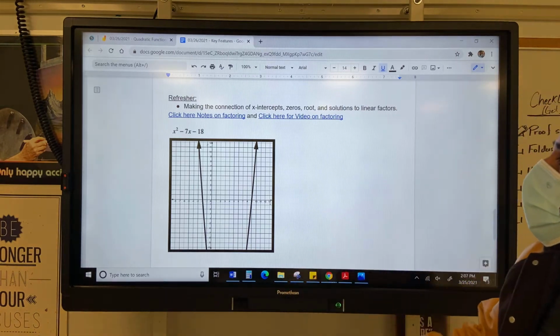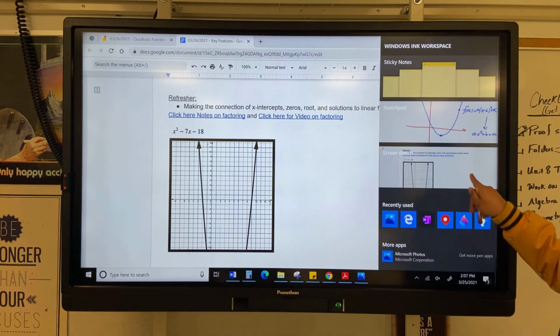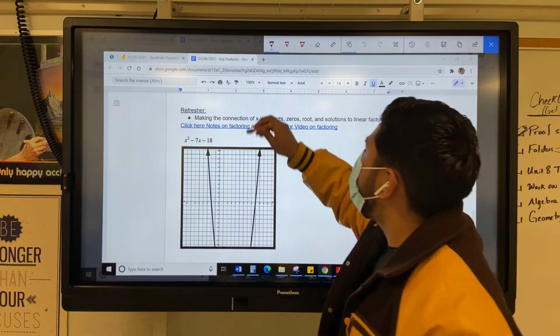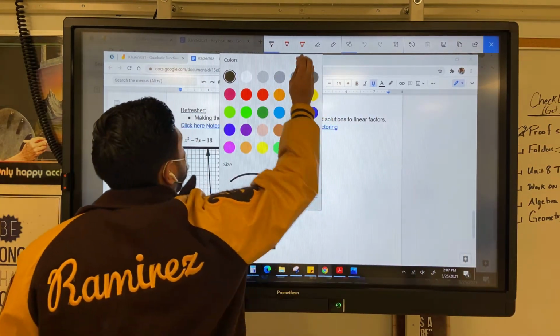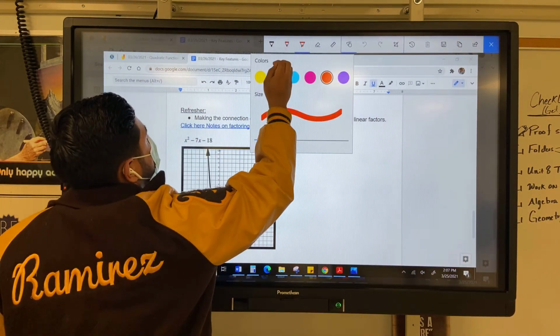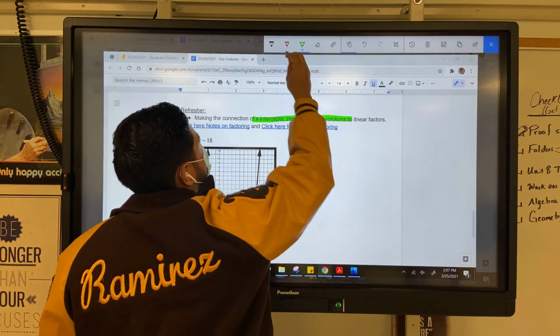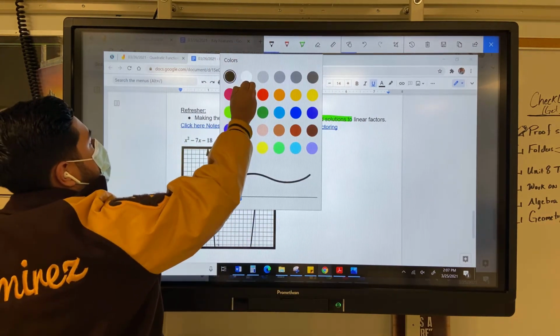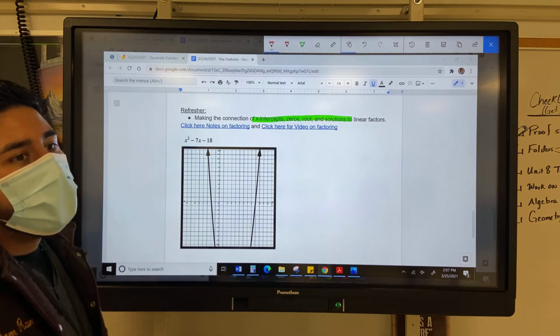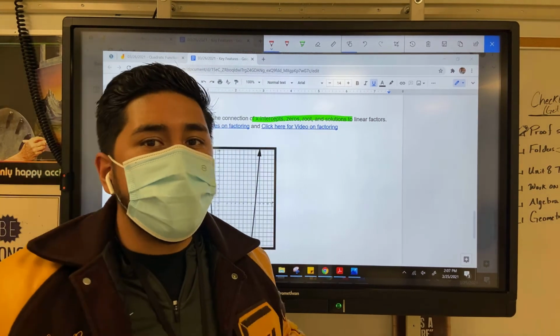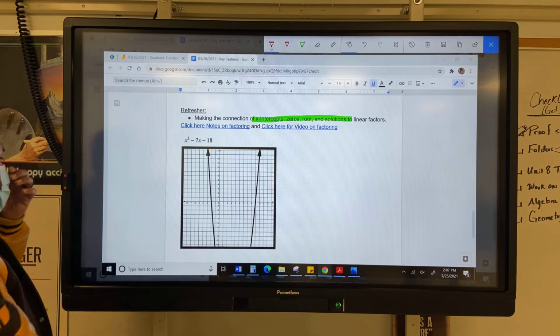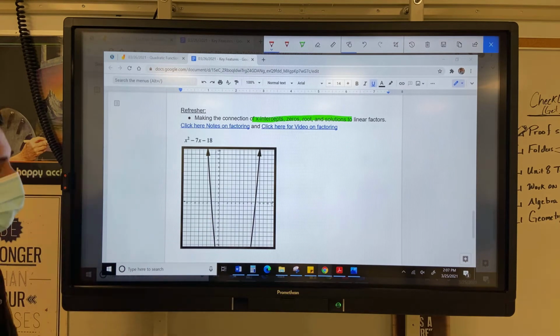A refresher. Making the connection of x-intercepts, zeros, roots, solutions to linear factors. Don't forget all of these vocabulary words right here. They're super important. I saw the discussion. Some of us still need a little bit of help on how do I define the zeros. So right here, we should be able to see the answer right away.